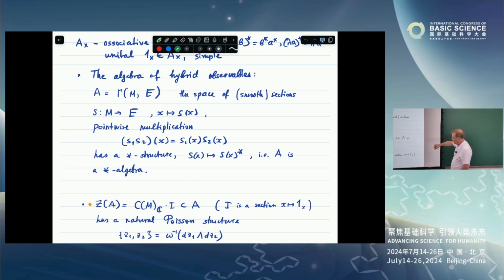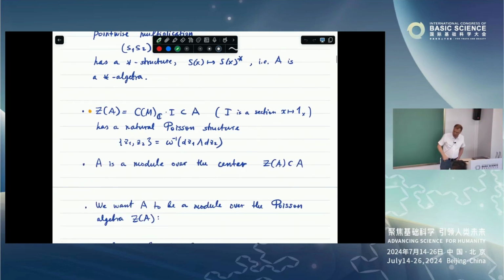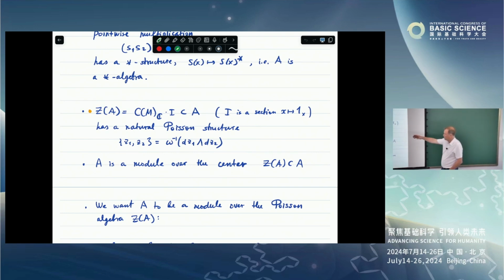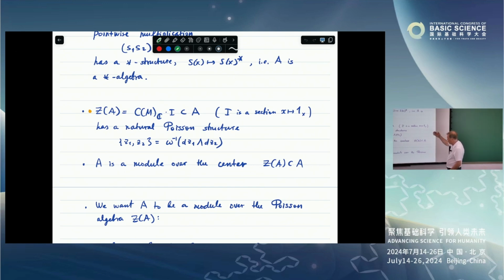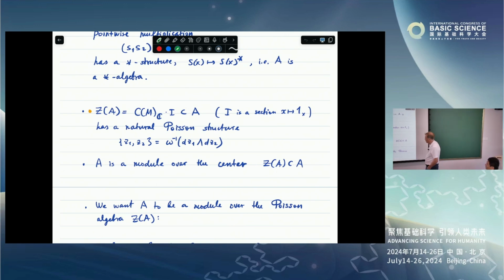Naturally, it has a pointwise associative multiplication. It's a star algebra for the star operation that exists fiber-wise. Naturally, the center of this algebra is isomorphic to functions on M times the identity. The identity is the unit section of this bundle of algebras.